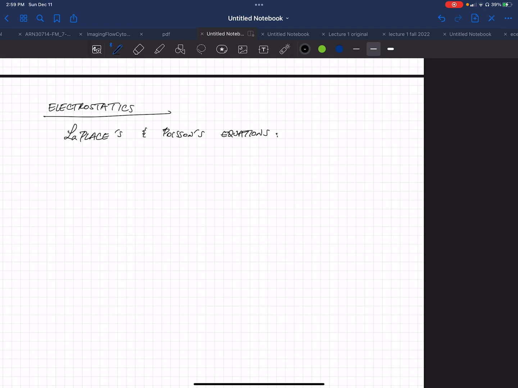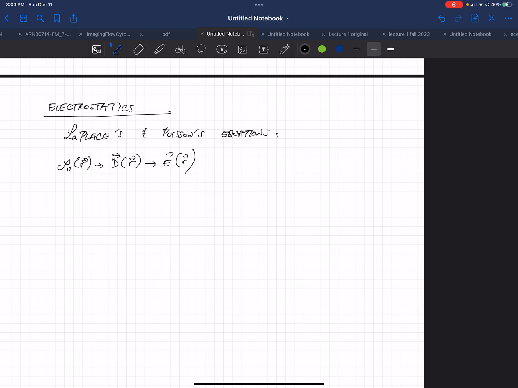So typically, what you have is a charge density, that gives you the electric flux, which is a vector, and then that gives you the electric field, which is also a vector.